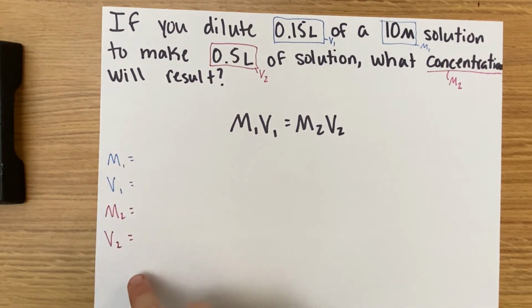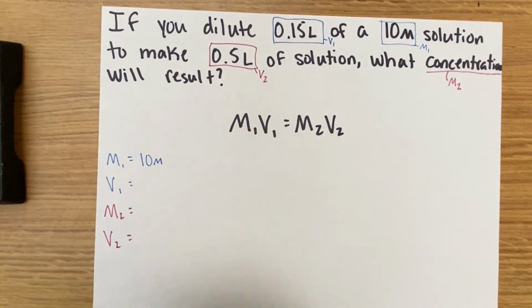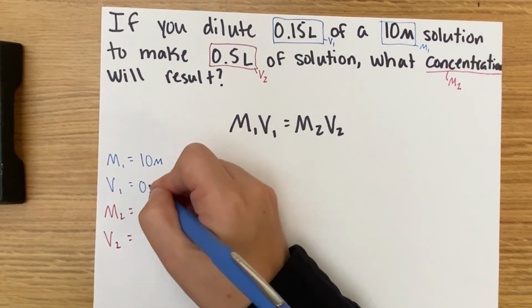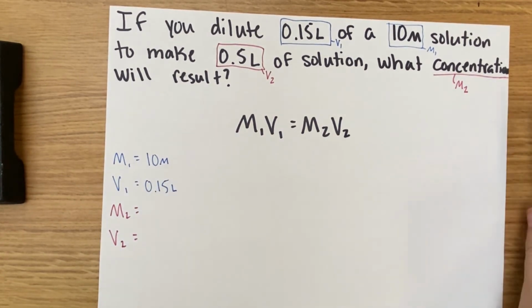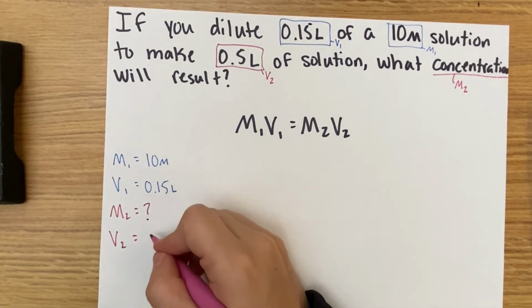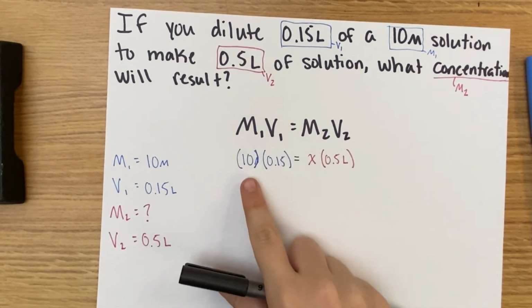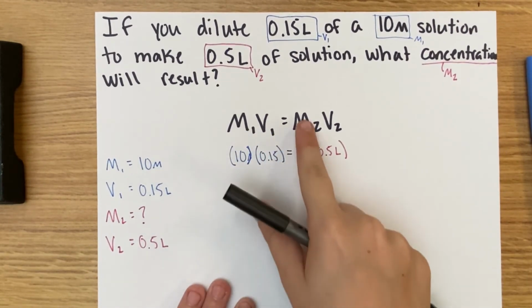Again, going to make a list of all my variables. M1 is 10 molar, V1 is 0.15 liters, M2 is our X, that's what we're looking for, and 0.5 liters is our V2.